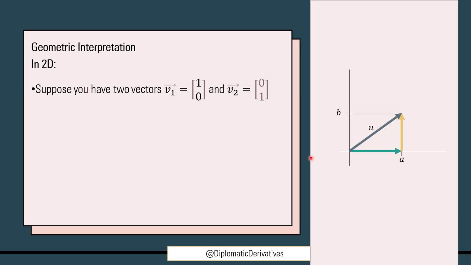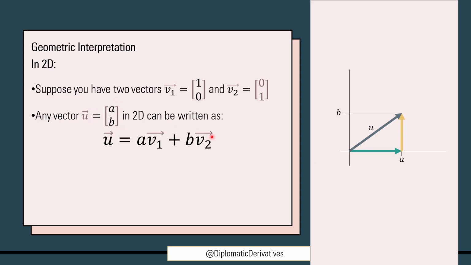Once you have the image in front of you, things become easier. Any vector u equal to (a, b) in 2D can be written as u is equal to a v1 plus b v2.